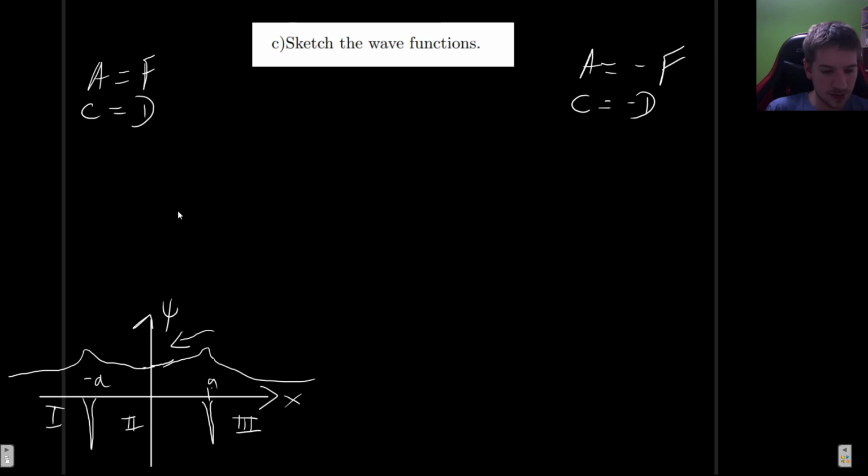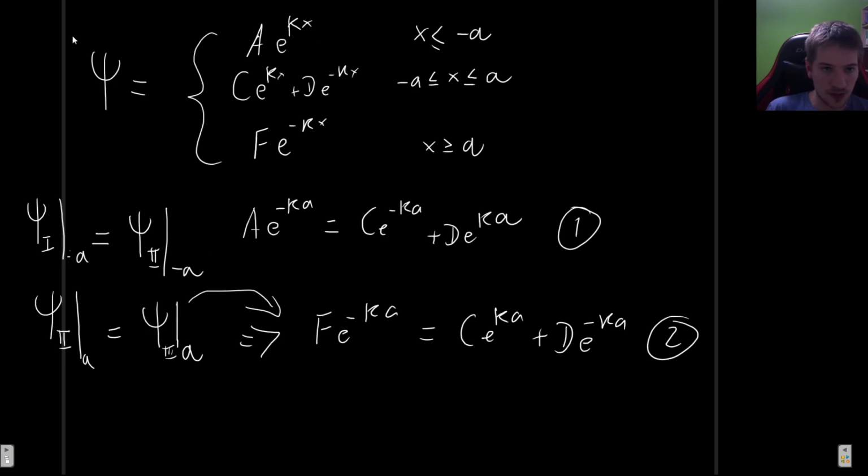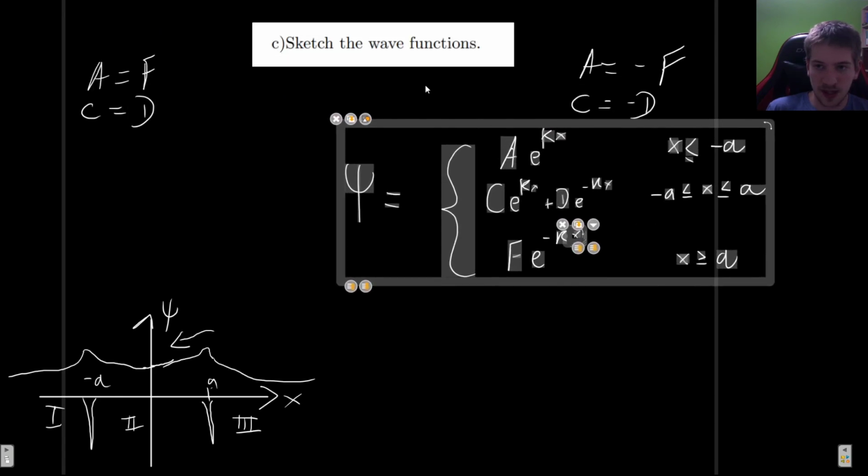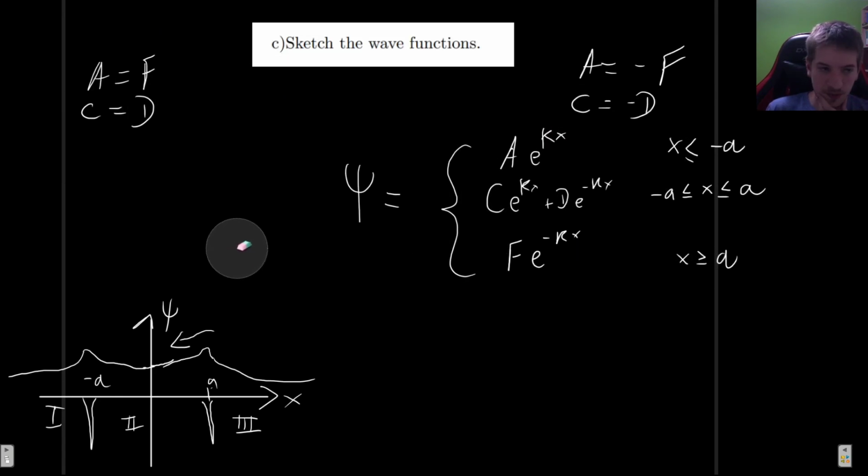Now let us pick our solutions here again. And now let us do the same thing, but for the second case. So this time a is equal to minus f. Obviously here you could either take a equals minus f or f equals minus a. Now there are slight differences to the wave function when you do that, but in principle it's the same.